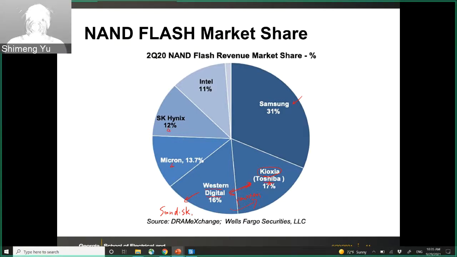And then Intel, okay. Intel also has a NAND Flash memory department. Intel used to co-develop the NAND Flash with Micron, the same relationship as SanDisk and Toshiba before. Intel and Micron co-developed the NAND Flash technology.